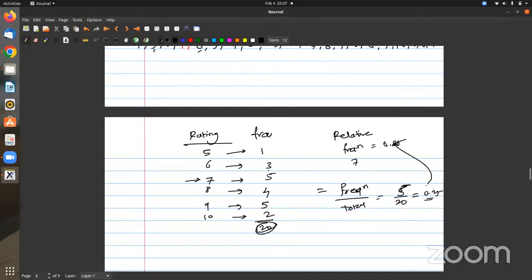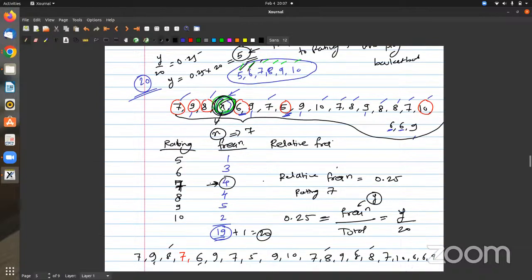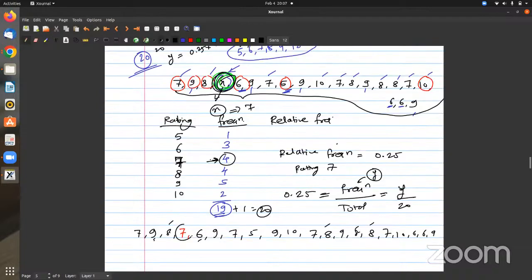That means the numbers match, and hence the missing value of x we have to replace with 7. Then the frequency corresponding to 7 becomes 5, and the relative frequency equals 0.25, according to my question.